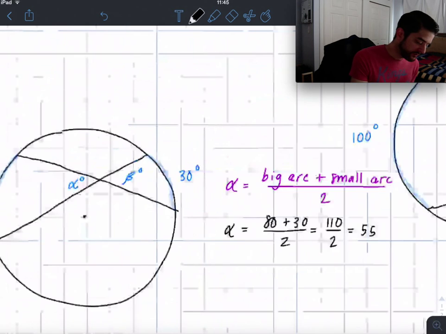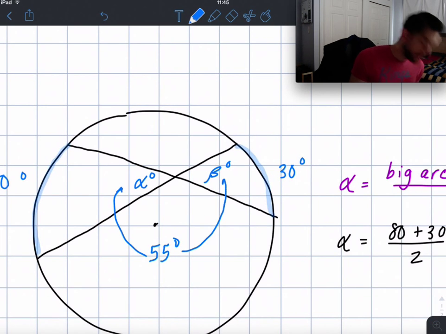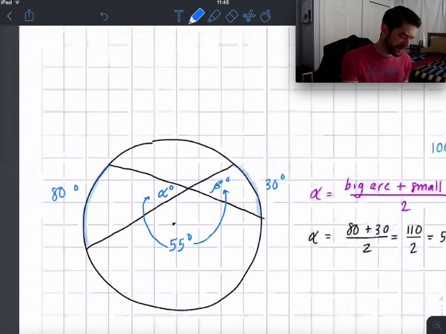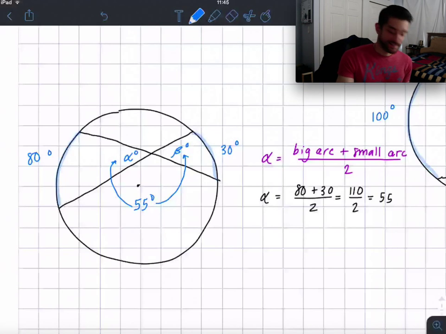So alpha is equal to 55 degrees, and beta, because they're vertical angles, is also equal to 55 degrees. So that's if the chords intersect inside.